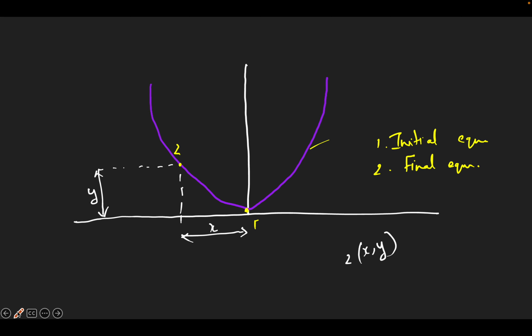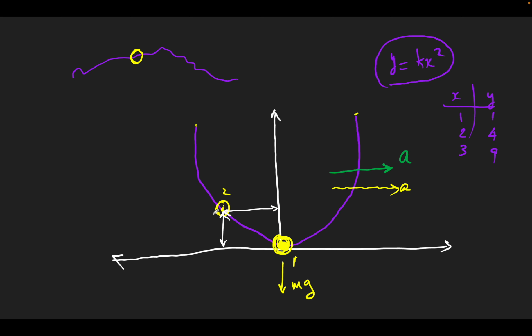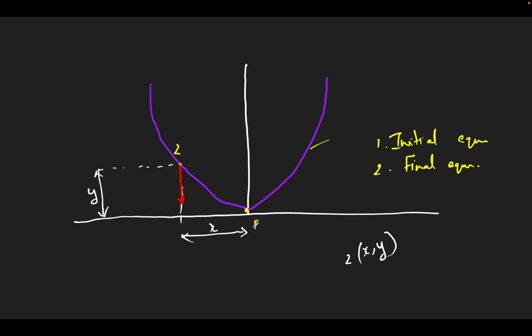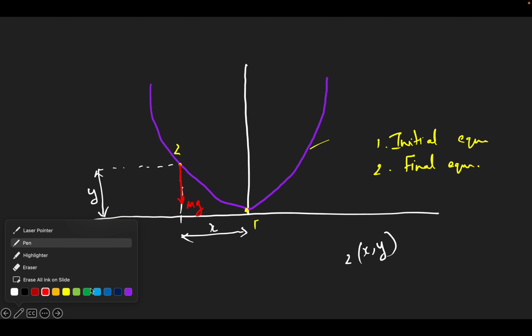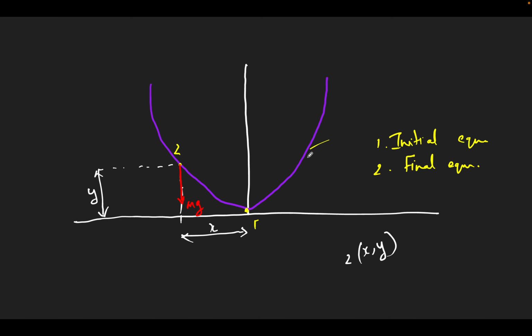So let's see what are the forces acting on the bead right now. Let's go one by one. Definitely there has to be a vertically downward force, mg, which was already there. That is one force, you cannot avoid that. And your whole system is moving with an acceleration a.